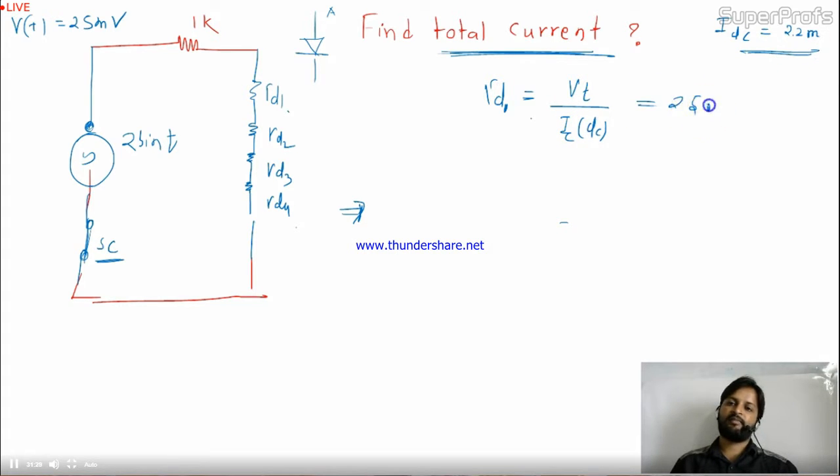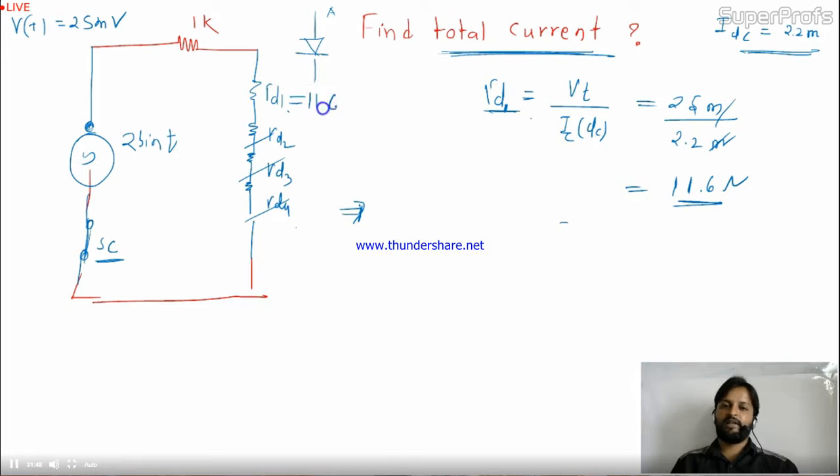VT is 25 milli and this is 2.2 milli. So you have to divide 25 by 2.2. If you calculate, it will be 11.6 ohm. So you are having RD1 value 11.6. Similarly RD2, RD3 and RD4 all will be 11.6 ohm.